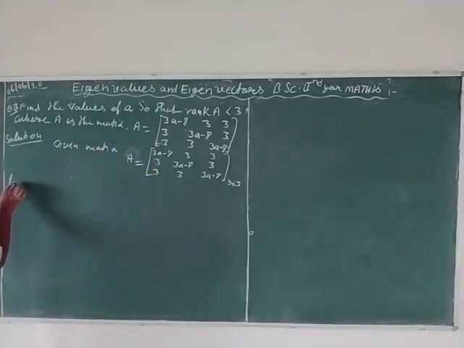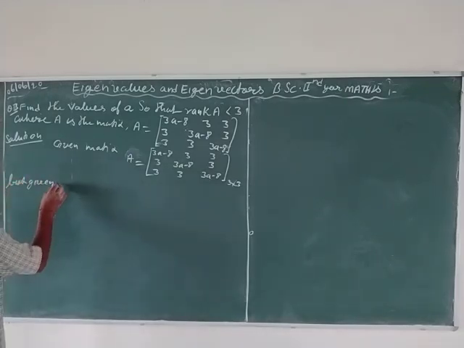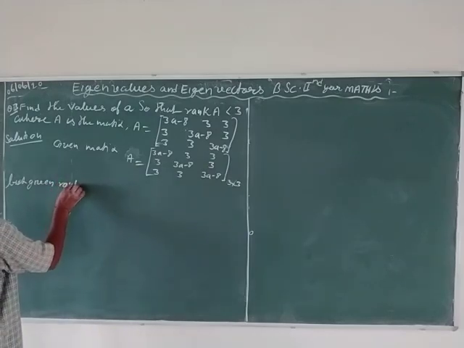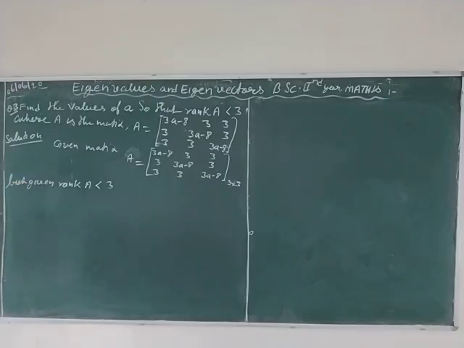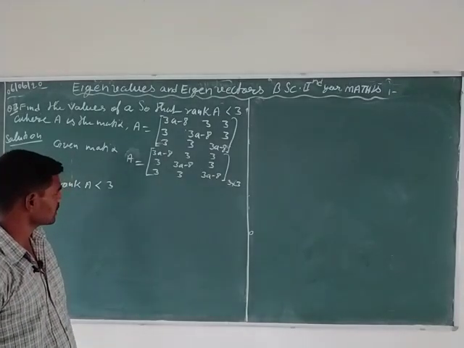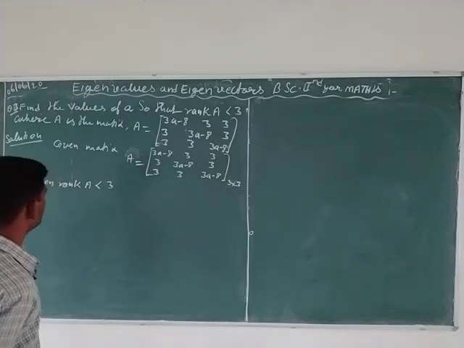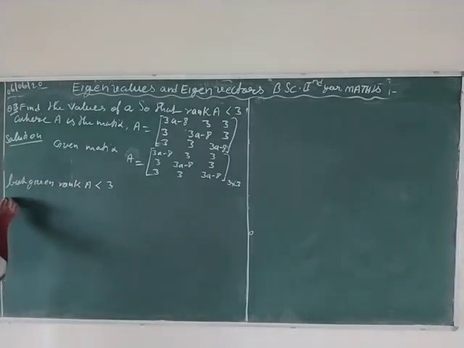Given that the rank of the matrix is less than 3, it means the determinant of 3 by 3 order of matrix capital A must be equal to 0. So, applying this condition by the rules of rank of matrices, determinant of A is equal to 0.